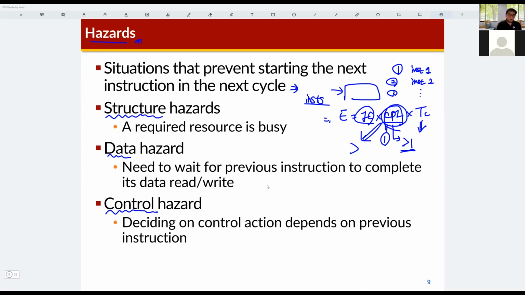And then data hazard. Data hazard happens because of data dependency. So what is the data dependency? It's like A equals B plus C, and then D equals A plus 1. In a high-level language program, this program is executed sequentially from top to bottom.